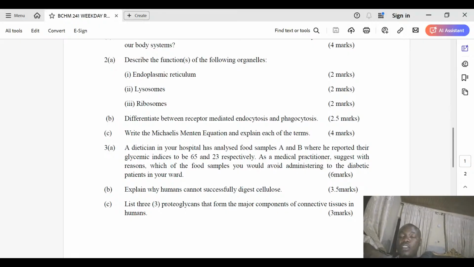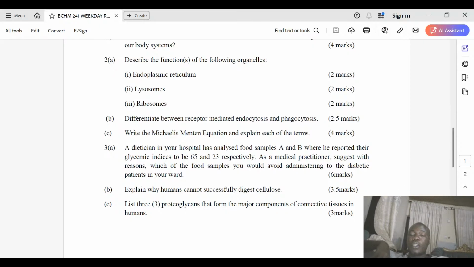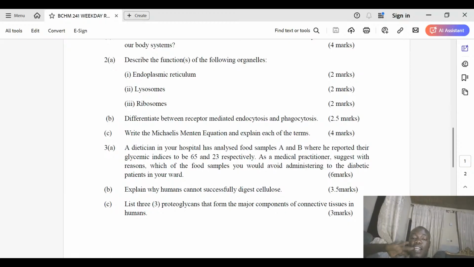So the velocity V is actually the speed of the reaction by the enzyme. Generally, if you have a substrate, the substrate will react with the enzymes, and then the velocity will increase. As the velocity increases, it will reach a stage where the active site of the enzymes where the substrate binds will be completely occupied with the substrate.